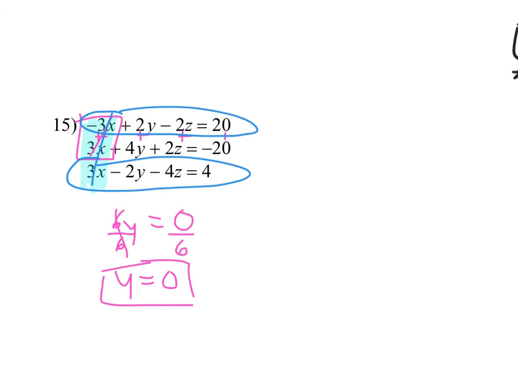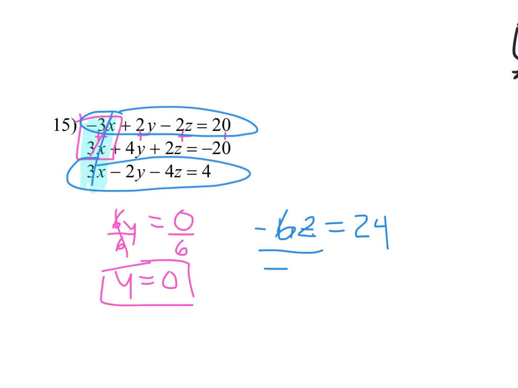And what is negative 2z minus 4z? Negative 6z. And then what is 20 plus 4? 24.